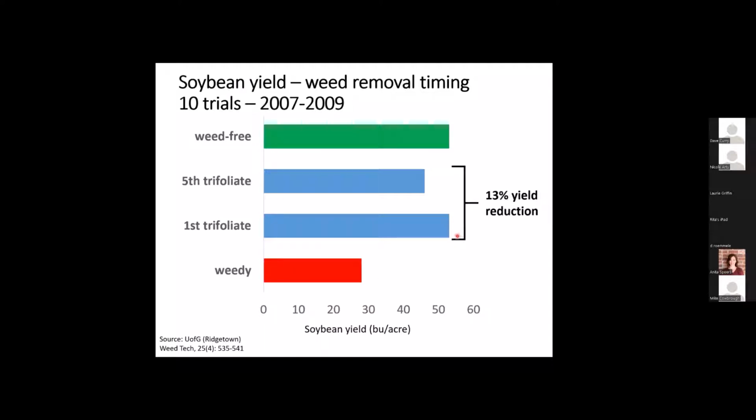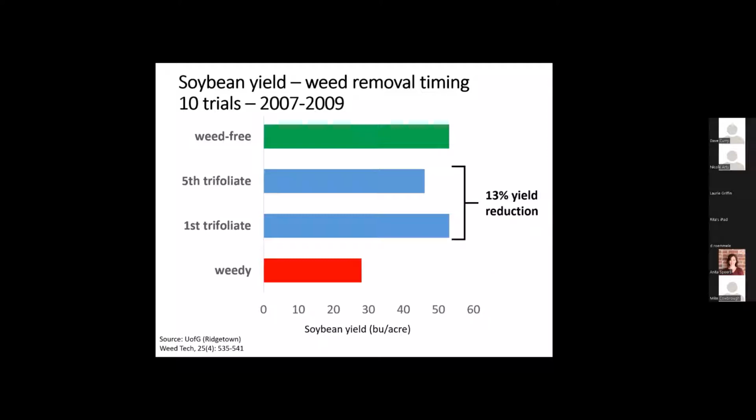And if we initiate weed control at the first trifoliate stage, yields are comparable to our season-long weed-free check. And if we initiate control after the critical period, and in this case, at the 5th trifoliate stage, we see a 13% reduction in yield. So a pretty strong, firm data to support that critical weed-free period.